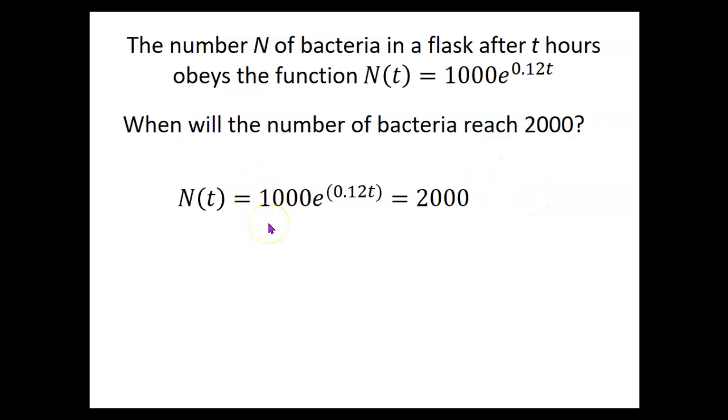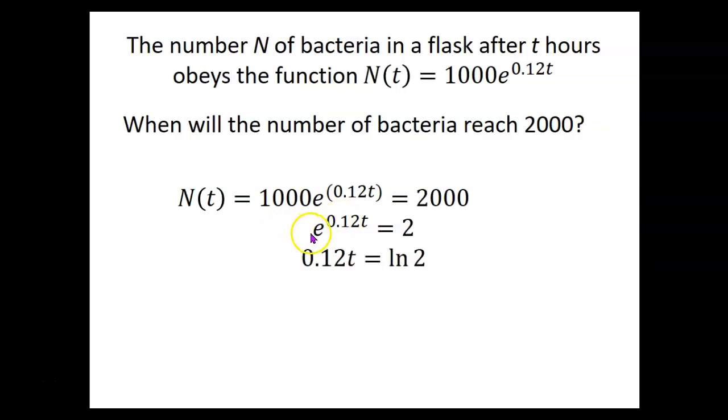Okay, so how do we solve this? Well, first thing let's get rid of the 1000 in front of the e part by dividing both sides of this equation by 1000. Then we get e to the 0.12 t equals, and 2000 divided by 1000 would just be 2. Now get rid of the e by ln'ing. The inverse of the exponential function is the natural log function.